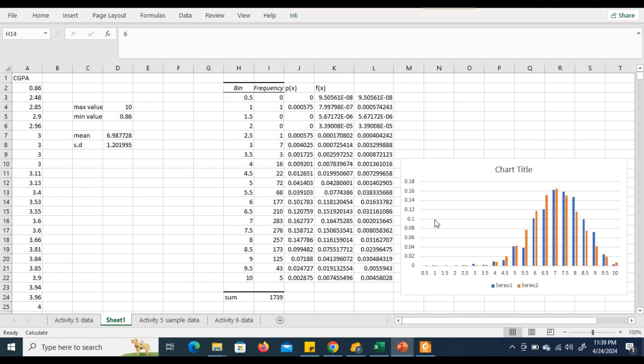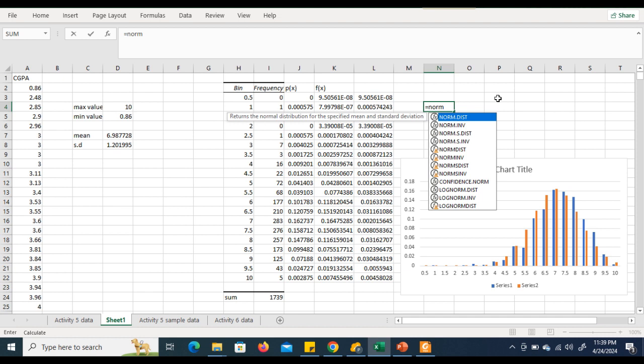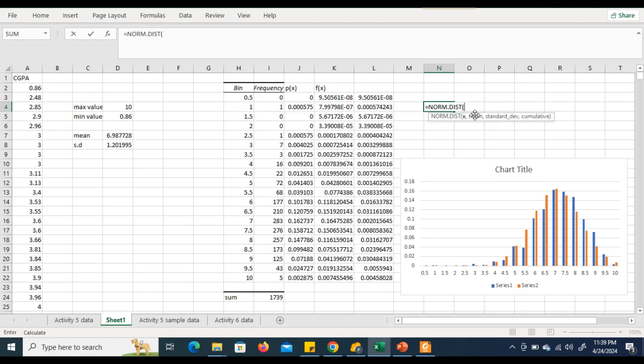For example, here, if I want to calculate the probability for this particular data, we use the formula normal distribution. What is x? Say I want to calculate from 6, so 6 plus 0.25.